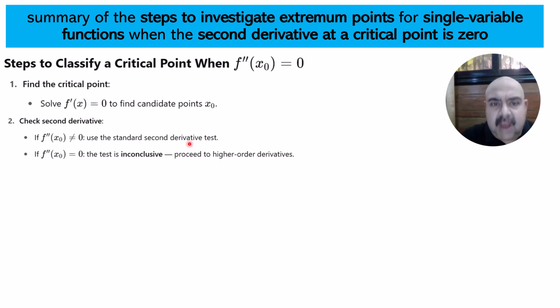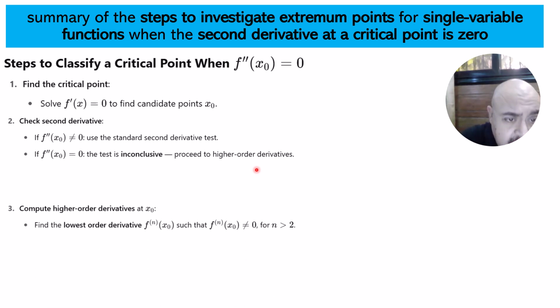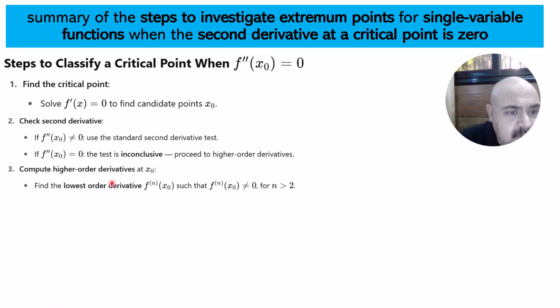Okay, what's going to happen if f double dash equals zero? At this point, we will have an inconclusive result, and we will need to proceed to higher order derivatives in order to check the nature. So let's compute higher order derivatives at x naught.